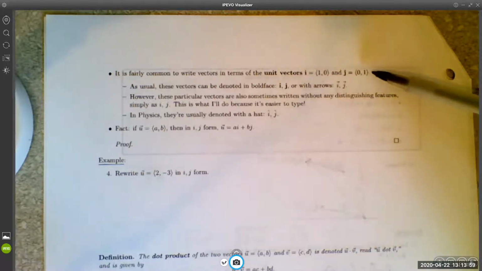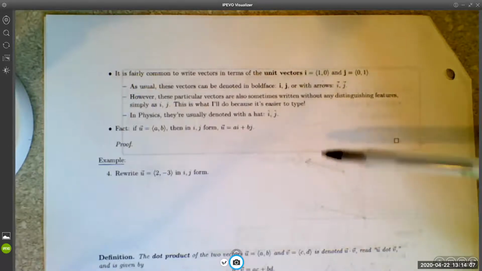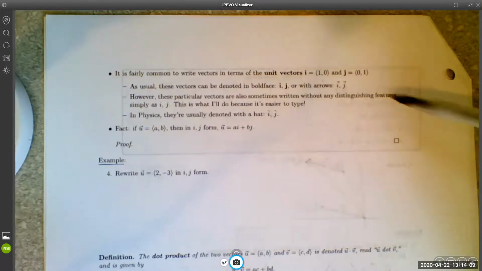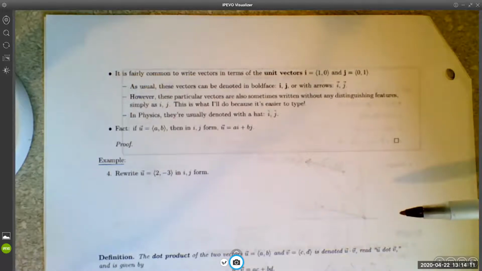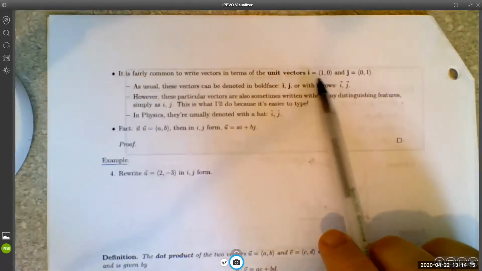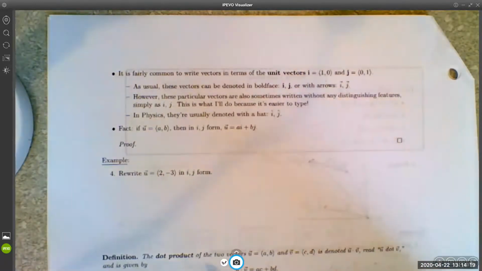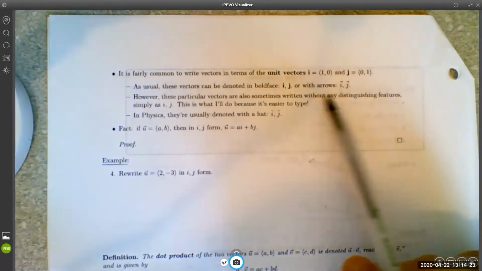So you'll see these things if you ever take physics. If you go on and take third semester calculus, you'll work with these things again. But for now, we're just going to use i and j, and we're just going to stick with 2 dimensions. But we can rewrite any vector in terms of these 2 vectors. And I'll show you how in a second, but just a word notationally.